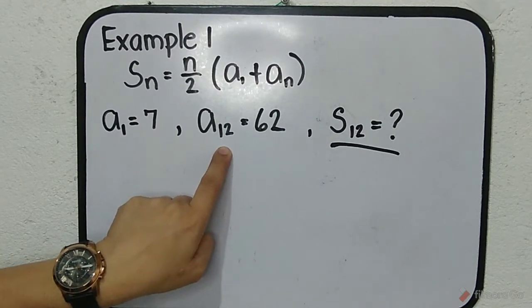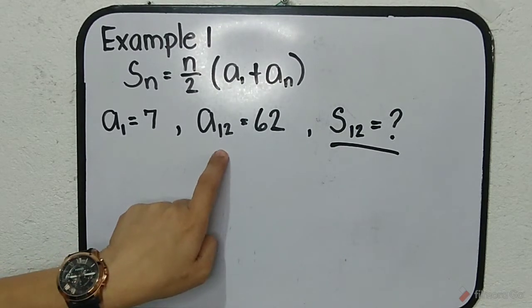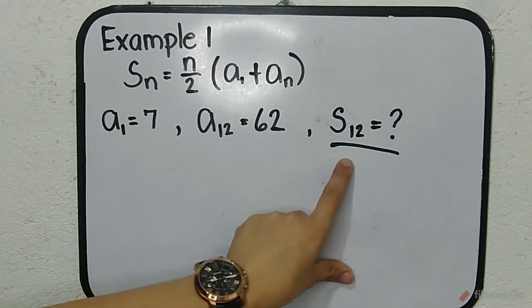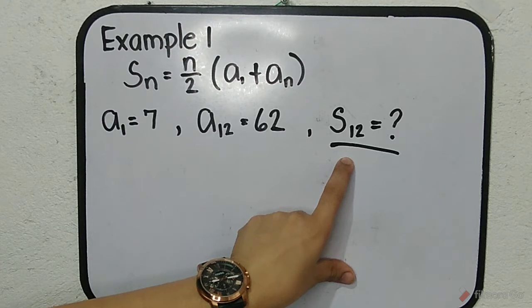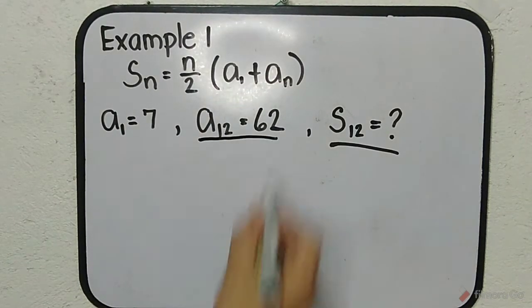So kung mapapansin natin dito class, we have a sub 12 which is equal to 62, at ang pinapahanap sa atin ay ang sum ng ating first 12 terms. Mapapansin natin na given ang ating last term dito. Ano yung last term natin? A sub 12 which is 62.